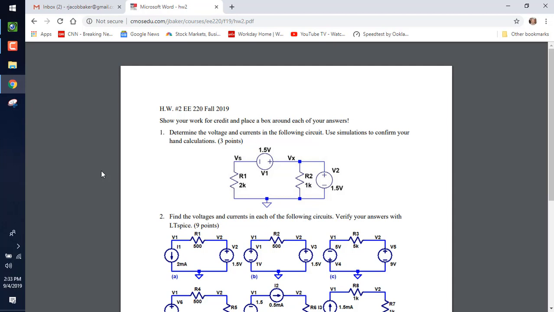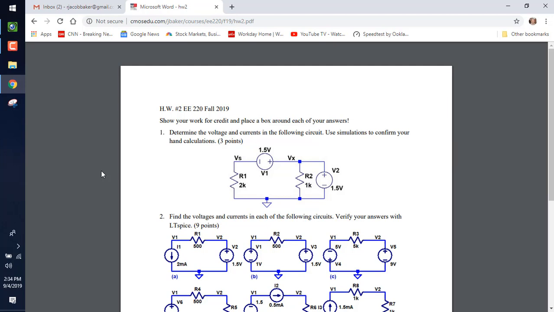But if you don't understand this, I'm sure somebody else doesn't, and I will work it. You just need to tell me. You want me to work it? First one? Well, I'm going to work all of the ones with current sources in there for you. I'll assume that the first one is easy and everybody knows how to do it. So I'll ask just real quick to satisfy myself.